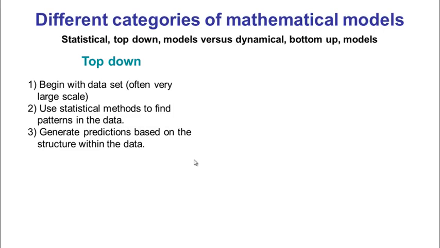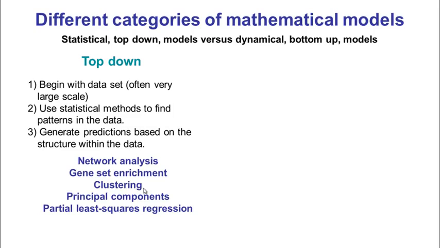And then once you've used statistical methods to find patterns in that data set, you can generate predictions, and the predictions are based on the structure that you've uncovered within the data. And so some of the keywords that you can associate with this top-down approach are things like network analysis, gene set enrichment analysis, clustering algorithms, principal component analysis, or partial least squares regression.